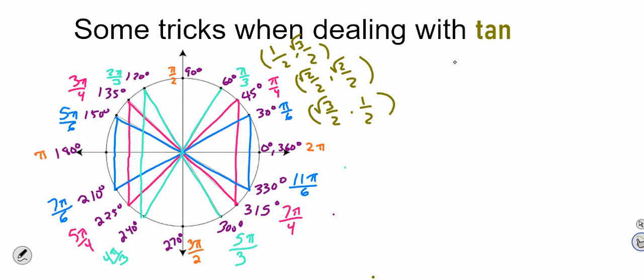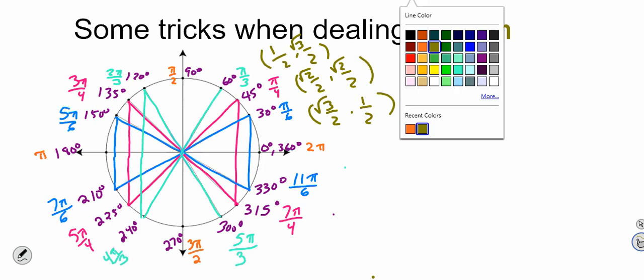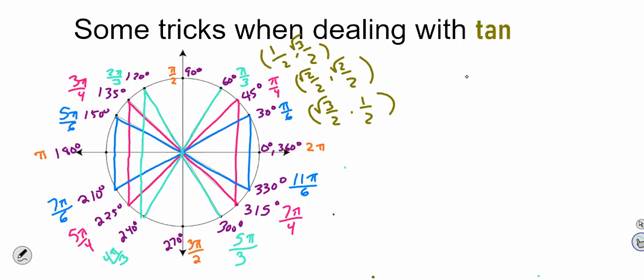And so let's talk about tan. If we memorize some things, we're going to have an easier time with tan. So let's talk about tan of pi over 3. That's going to be our y value, root 3 over 2, over our x value, 1/2. And so the 2's cancel out, and we end up with tan of pi over 3 is root 3.